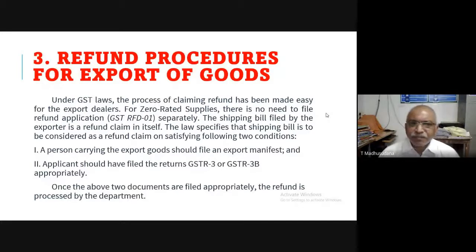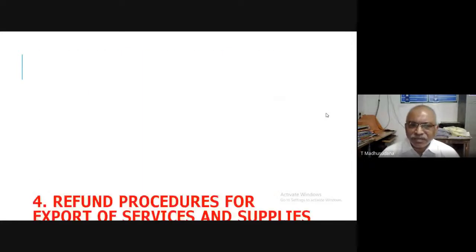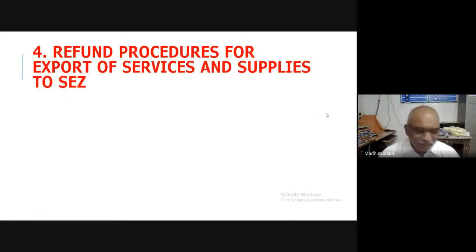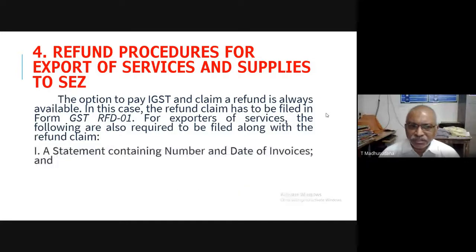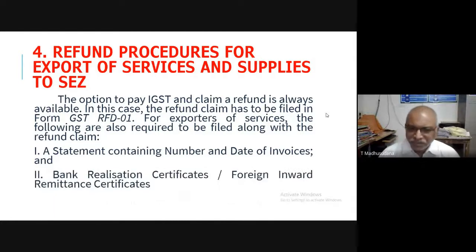Next, as far as the refund procedure for services is concerned, this applies to SEZ. The option to pay IGST is always available. After paying IGST, the amount can be claimed as refund in the GST refund 01 format. They have to produce a statement, invoice containing the number and date of invoice, and bank realization certificate.